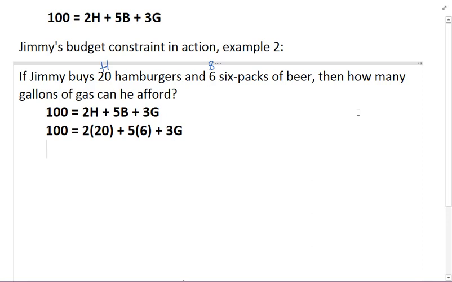Let's see. 100 equals 40. 2 times 20 is 40. 5 times 6 is 30. Keep going with the math here. 100 equals 70. 40 plus 30 is 70. And we can subtract 70 from both sides.